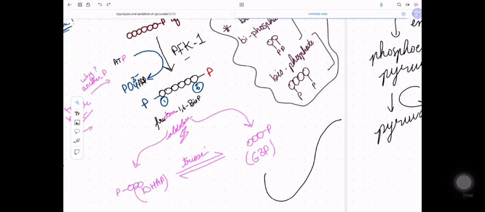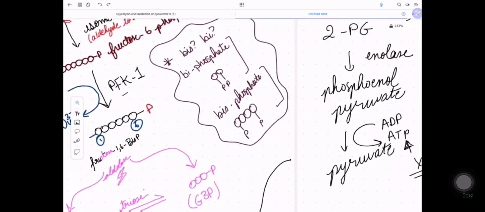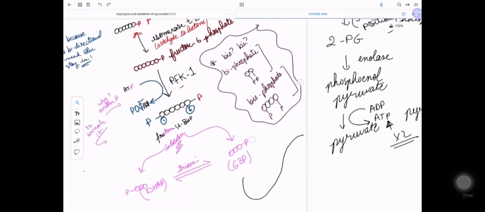Now, what's the difference between biphosphate and bisphosphate? Well, actually, if we look right here, biphosphate is when the phosphate is added to two carbons that are beside each other, right? Now, bisphosphate is added to carbons that have a distance between them. You know what I mean? Like they're not close to each other.